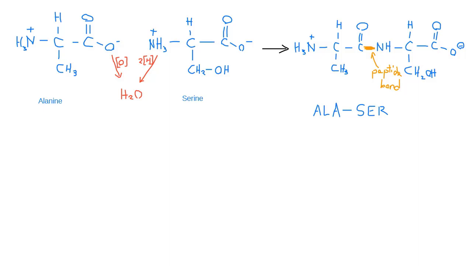So now I want to go over with you the 4 levels of protein organization, 4 levels of protein structure. I'm going to clear this out. So, primary structure of protein. The primary structure of proteins is essentially just indicating what amino acids are connected to what amino acids are connected to which other amino acids.